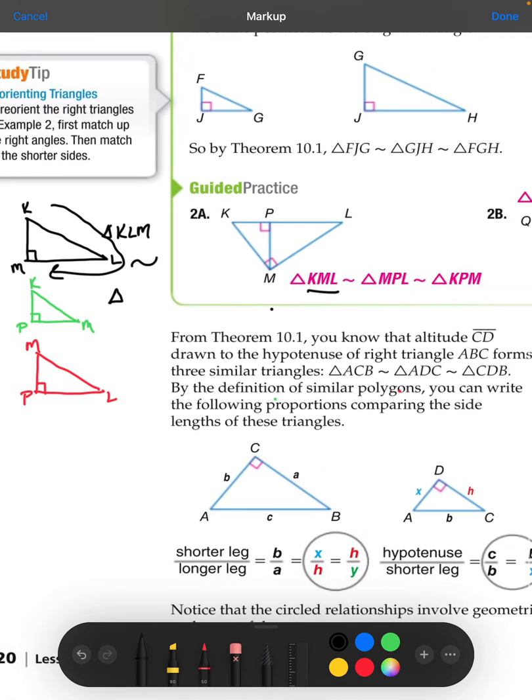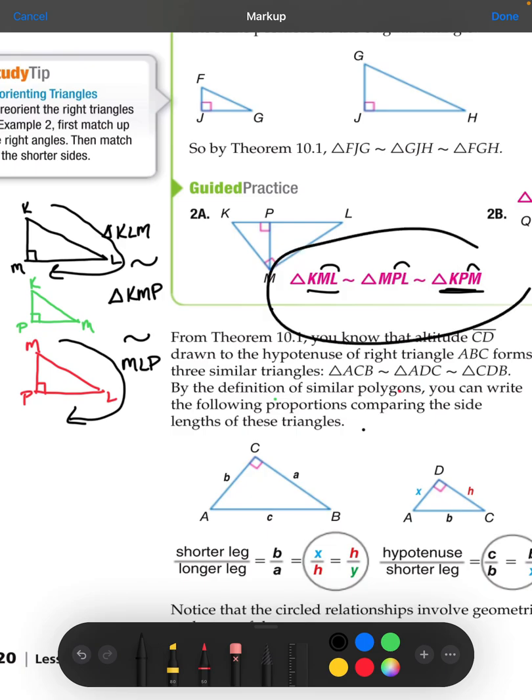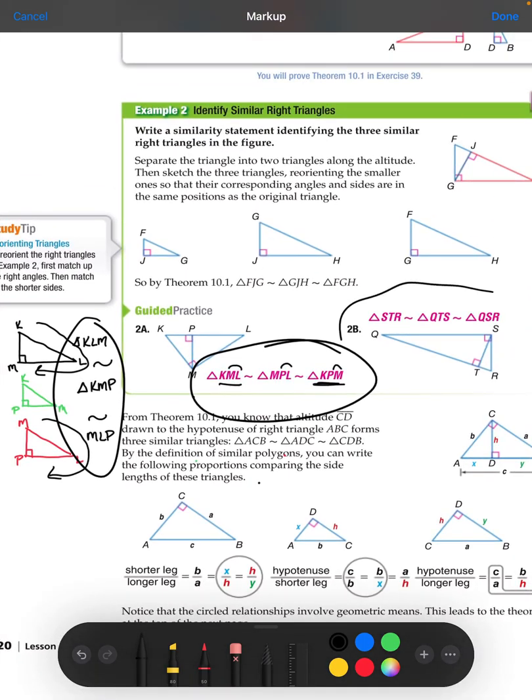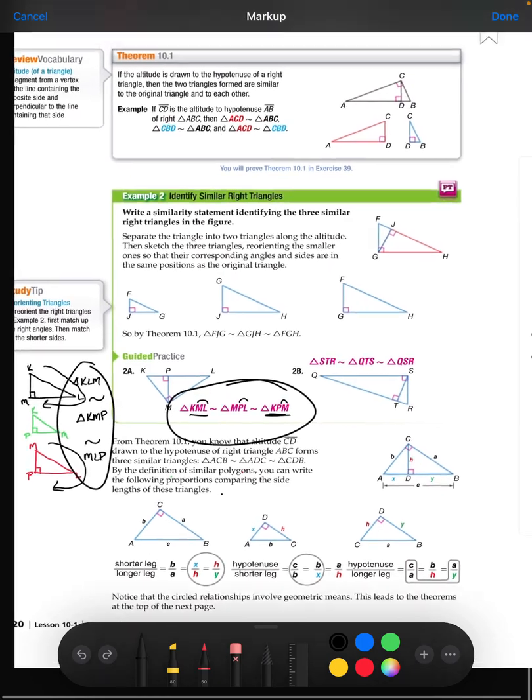So I need to go and say KMP, right there. The order is a little different. Is similar to, same thing, go around the circle there, MLP. So if you notice, my last two are switched around in each one. Theirs is fine and mine is fine. So that's what they mean by making a similar statement. So see if you want to go ahead and get 2b the same answer there.